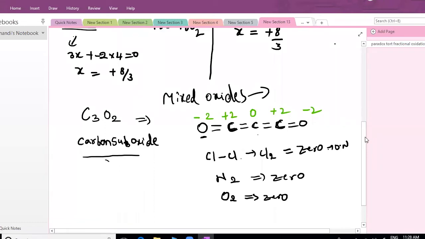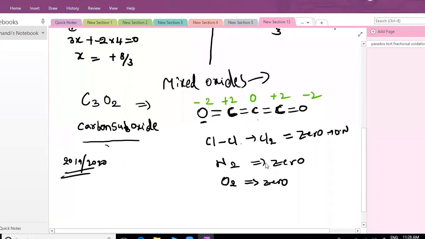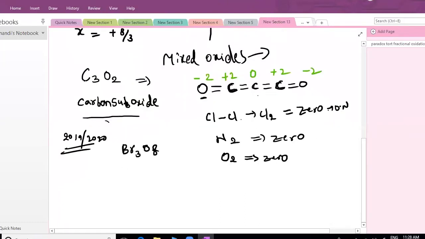And a previous question, this is 2019 or 2020, I remember exactly. Write the oxidation number of bromine. What's the bromine here, sir? Carbon has fractional oxidation state 4/3. What about bromine here? Fractional oxidation state 16/3. We are writing the structure, sir.